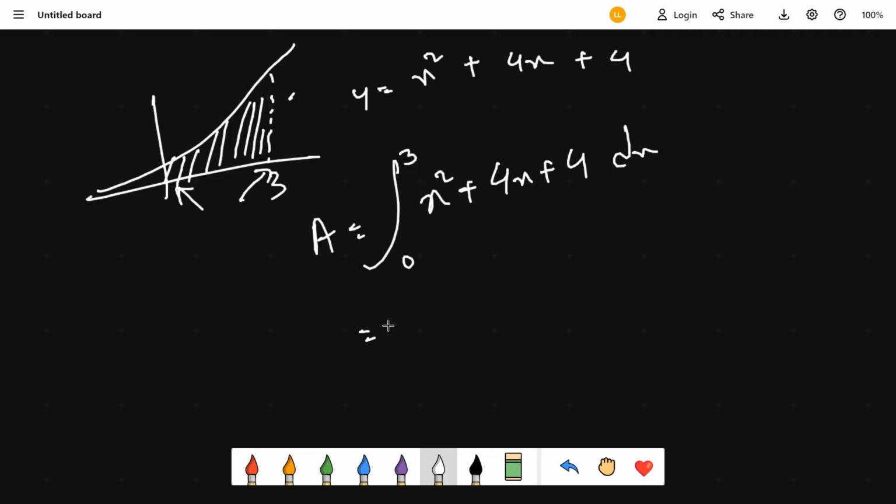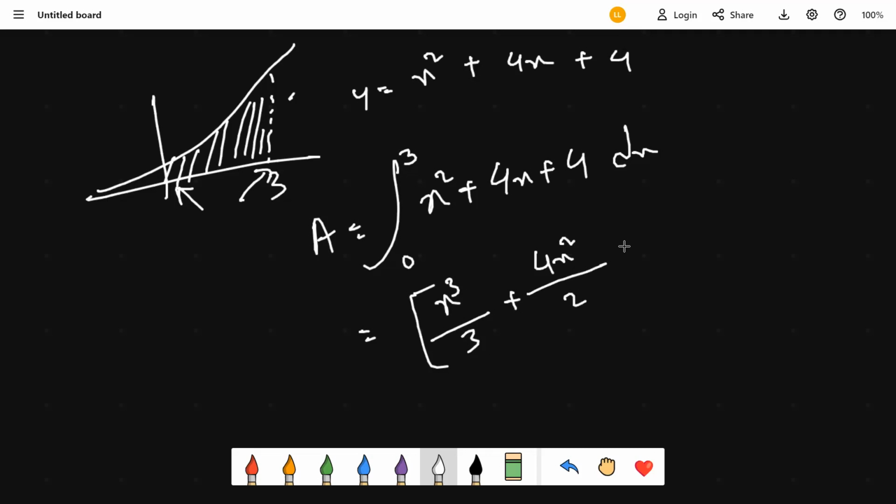Now, using the sum rule and the power rule, we can do the integration here because all the terms are added, so we can do that together. We would get x cubed over 3, incrementing the power by 1 and dividing by that power. Plus, we have 4x squared divided by what?